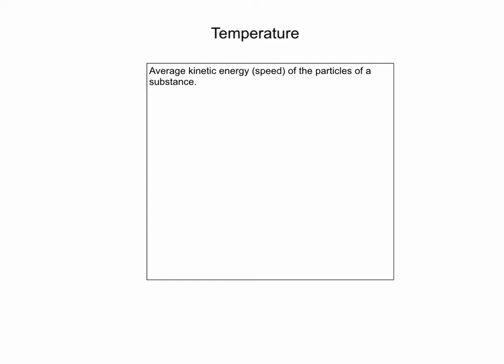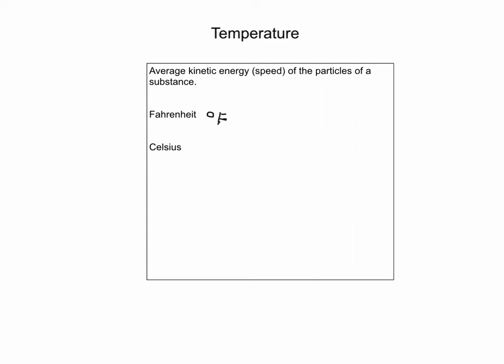Most commonly in the US, we use Fahrenheit, and the symbol would be degrees F. In the scientific world, we use Celsius. Celsius is the most common unit that we're going to encounter.